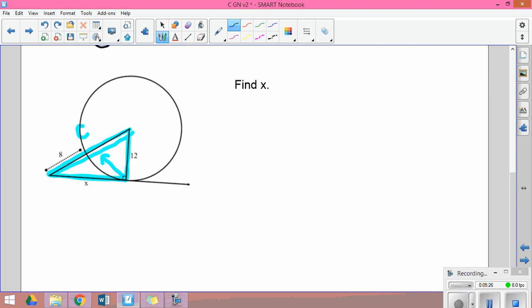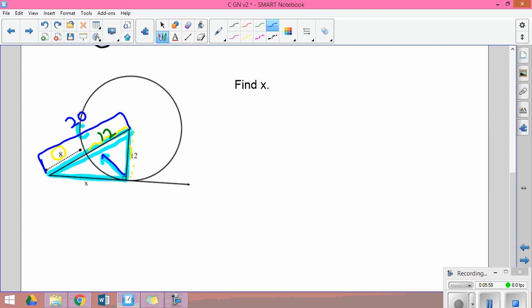I know this exterior piece is 8, but it appears that I don't know this interior piece, except that interior piece is a radius. So is this radius. So that means this interior piece is 12, so my entire hypotenuse is 20 by parts to whole. So be sure you're always aware of missing pieces and that you're using the right pieces in your formula.